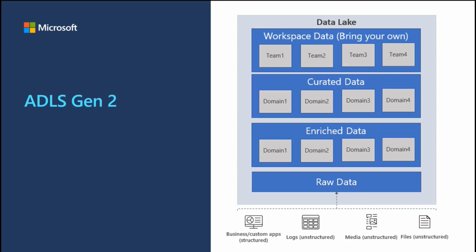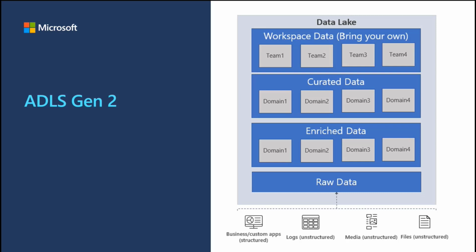The next zone here would be the enriched data. So this layer is the version where the raw data is either coming in as is or in some kind of an aggregated form, and we start to enhance the data with some kind of a defined schema, or we're transforming it, whether it's to clean up and provide consistent formats for things, or whether we are enriching it with some type of ML operations.